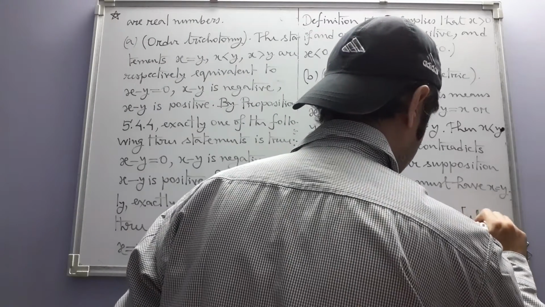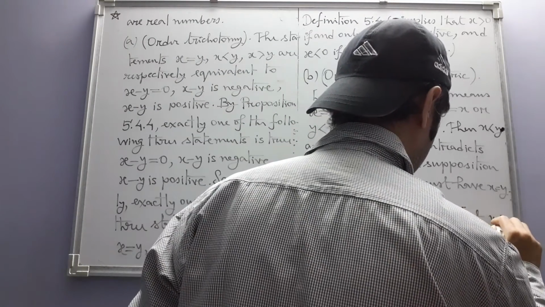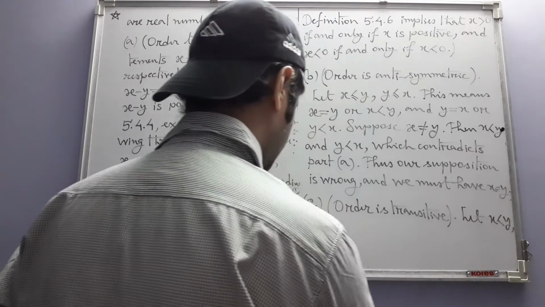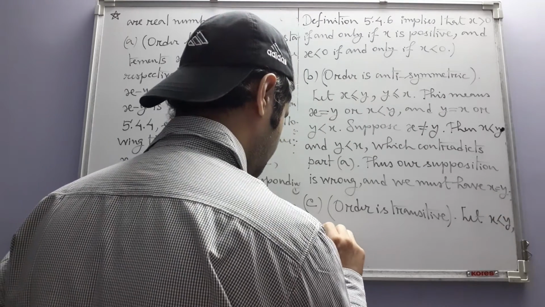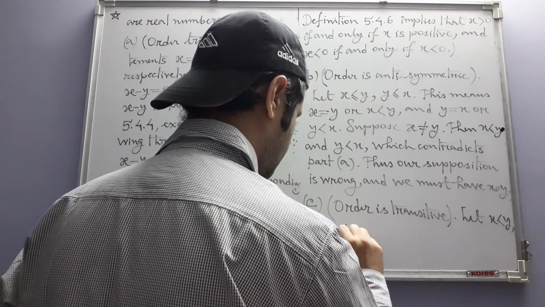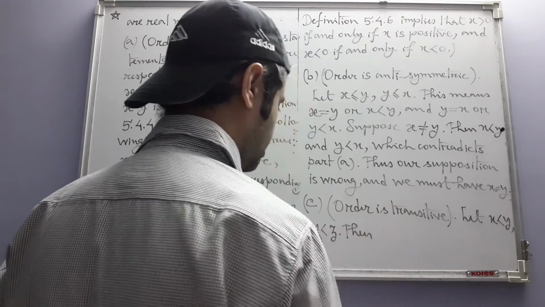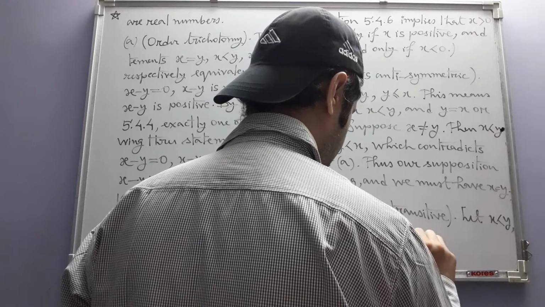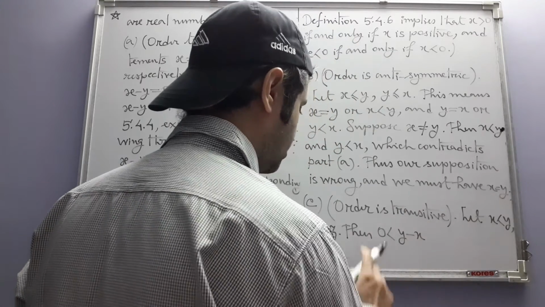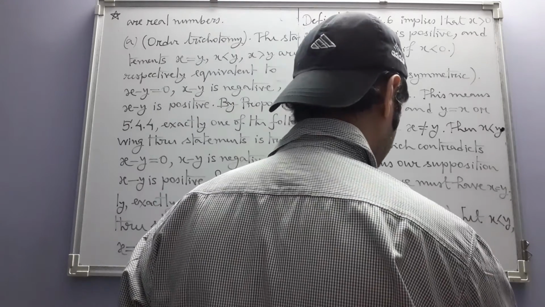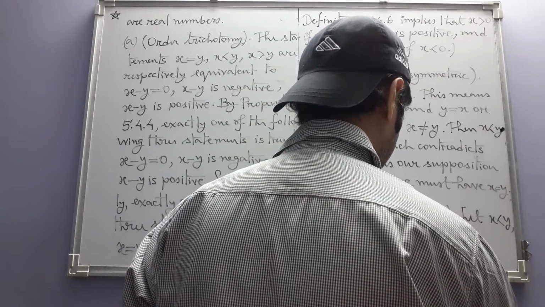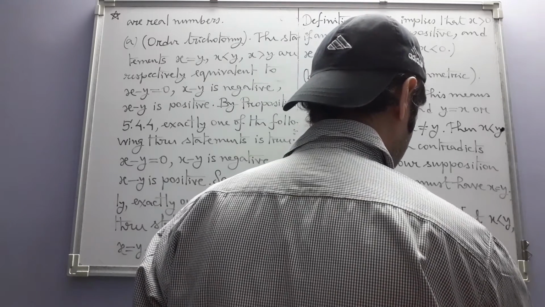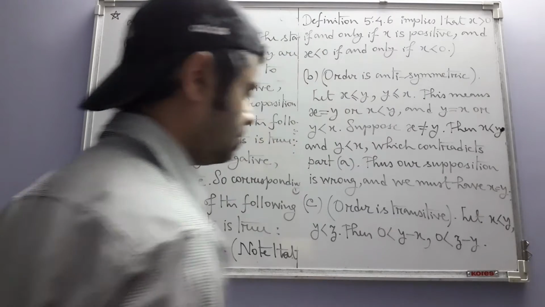For that we let x be less than y and y be less than z. Then by the definition of order, y minus x is a positive real number and so is z minus y.